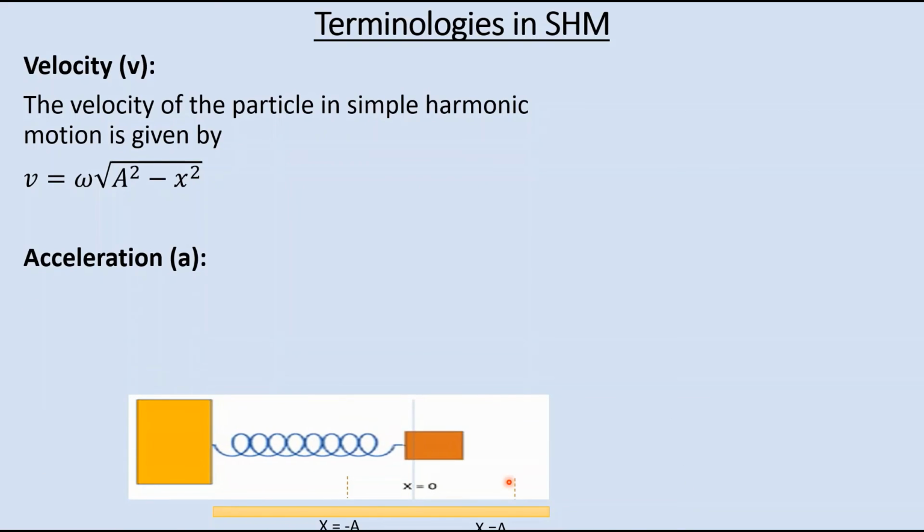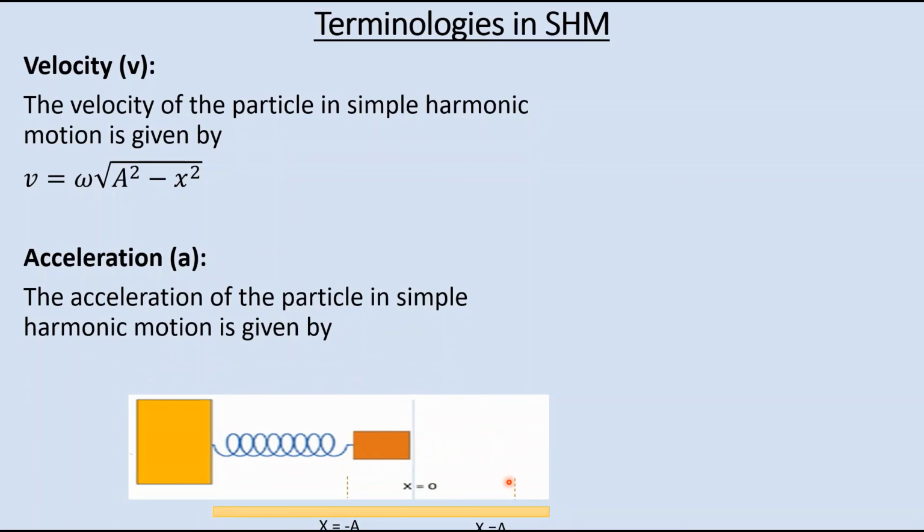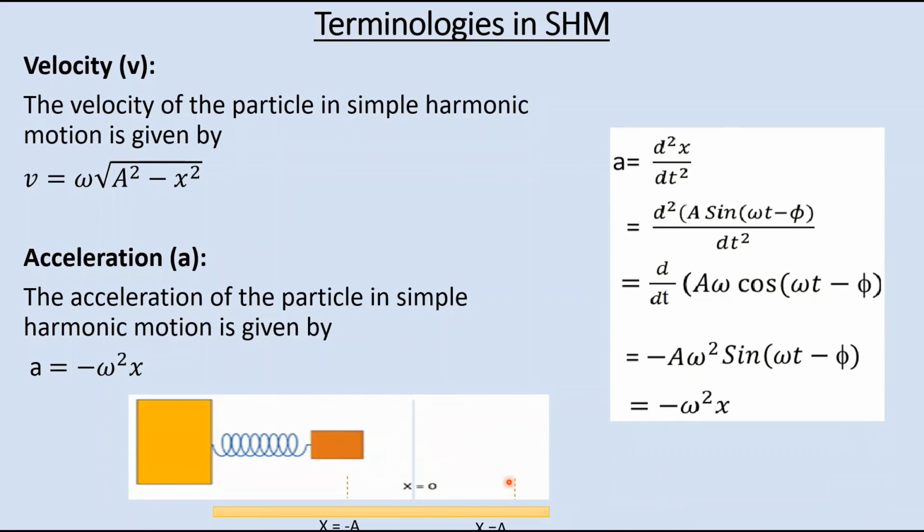Now the acceleration. The acceleration of the particle in simple harmonic motion is given by a is equal to minus omega squared x. It can be obtained here. Acceleration is equal to d squared x by dt squared, where x is equal to A sine omega t minus phi. Substitute here.